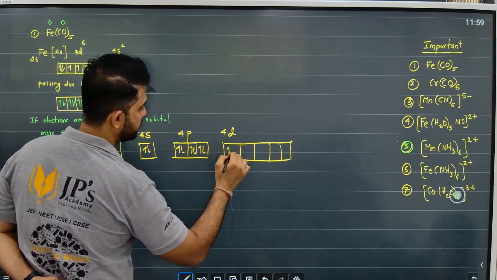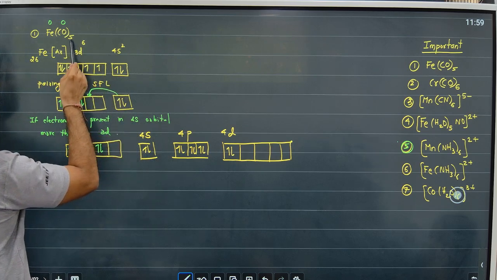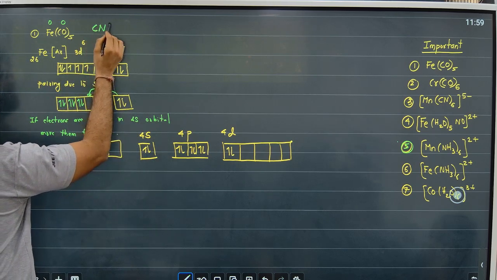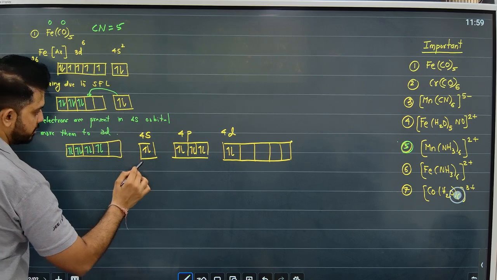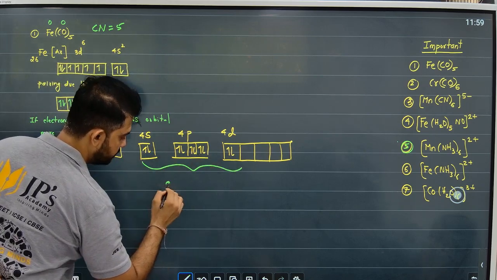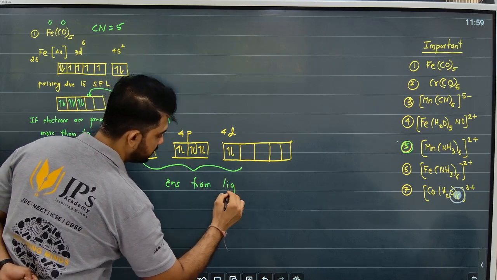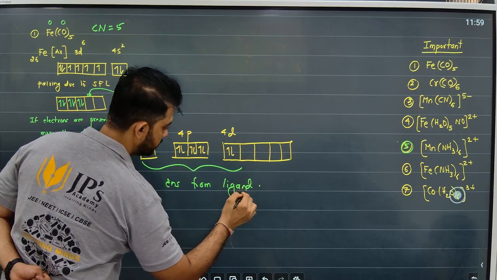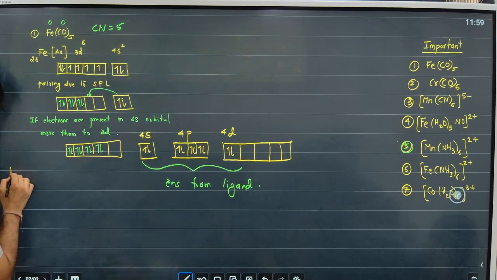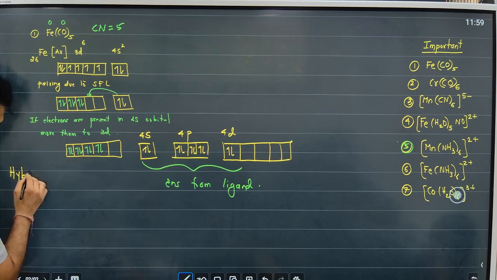How many lone pairs are there? 5, because the coordination number here is 5. Where did these electrons come from? Electrons from carbonyl. So, what is the hybridization over here?